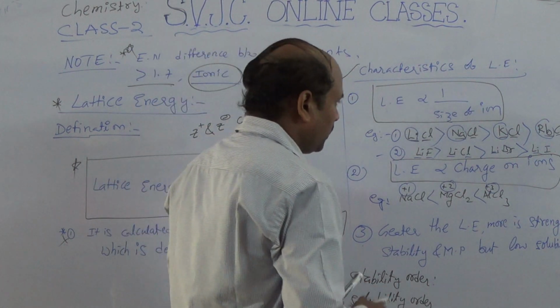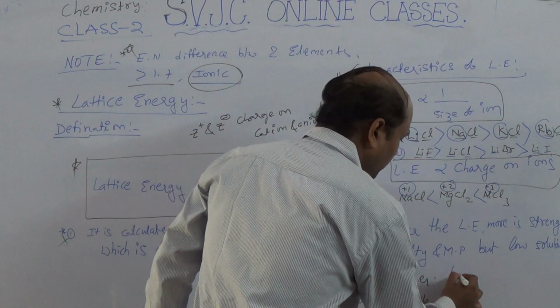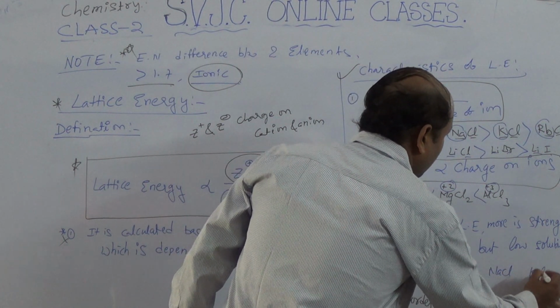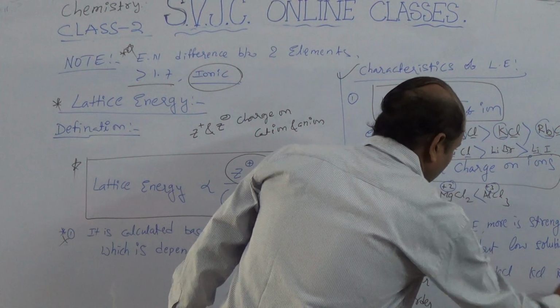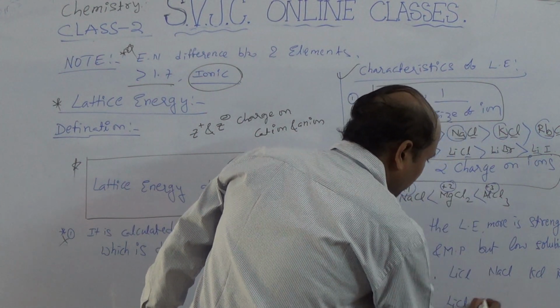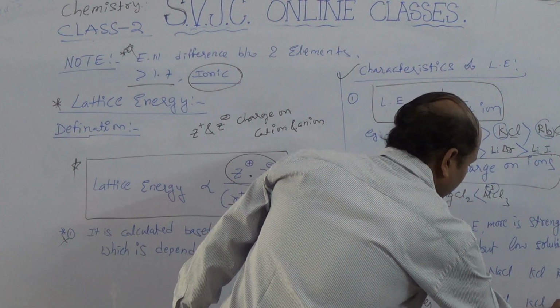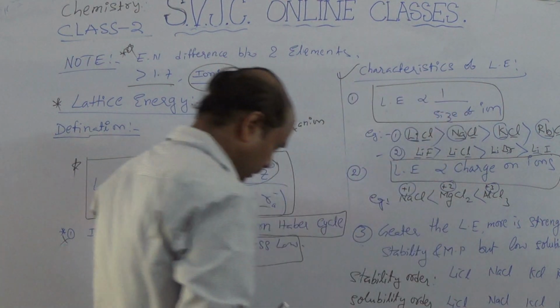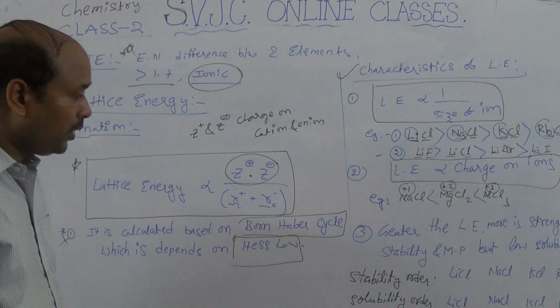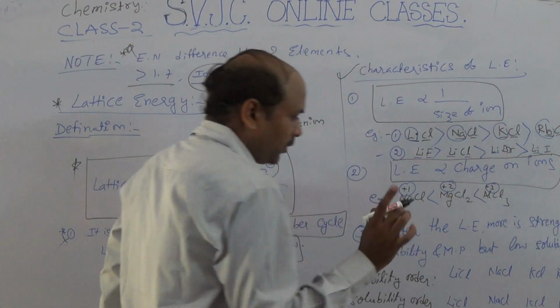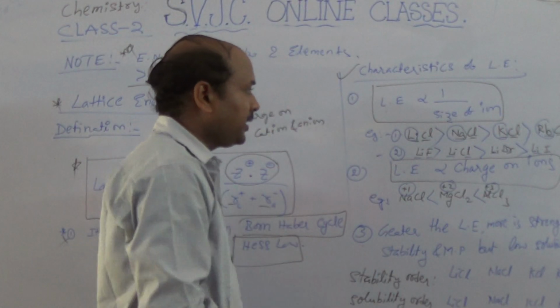I am taking this example again here: lithium chloride, sodium chloride, potassium chloride, rubidium chloride. Here, what is the stability order? Before that, we should decide the lattice energy.